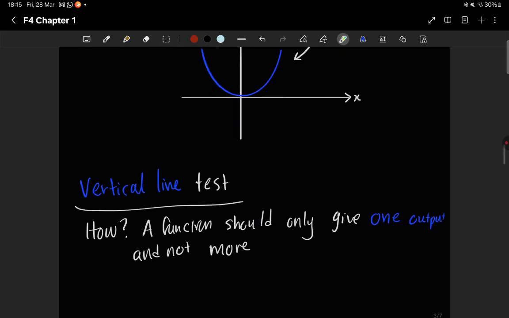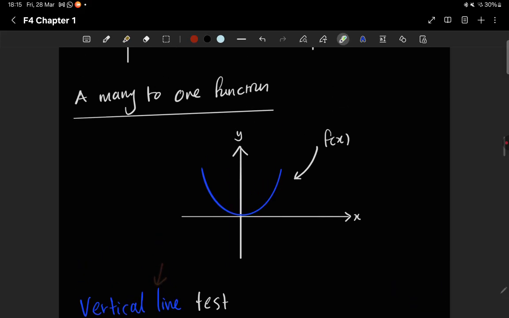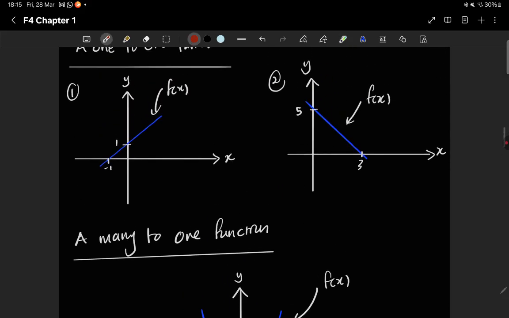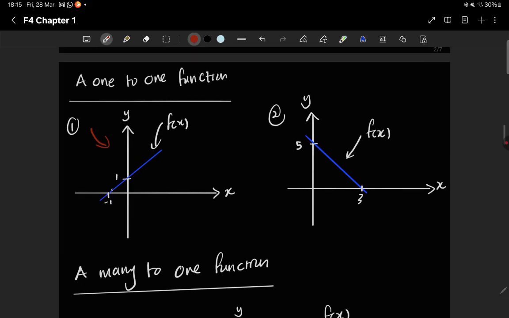So a vertical line test is something that helps us check if a graph is actually a function. So let's say we use this graph over here. Let's try to determine if this is actually a function. If I were to draw a vertical line like this, notice how it only intersects at one point.